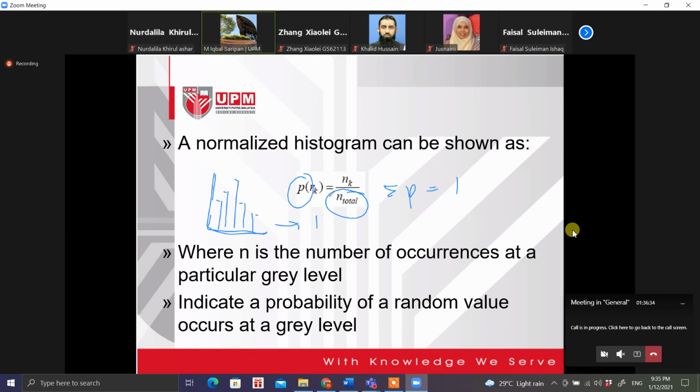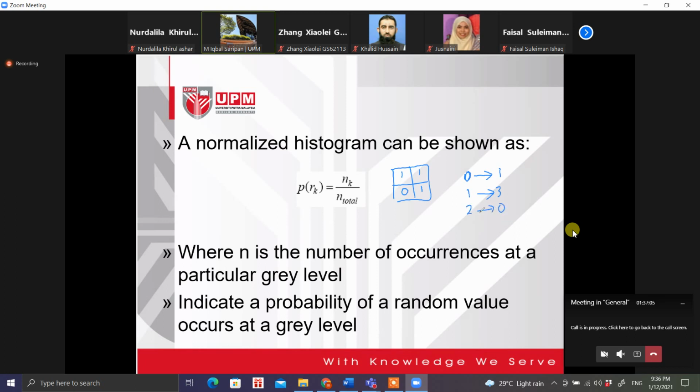Let's look at an example. You have 4 pixels, say that you have 0, 1, 1, 1. If I tabulate that, 0 appears 1 time, 1 appears 3 times, 2 appears 0 times, until 7 appears 0 times.